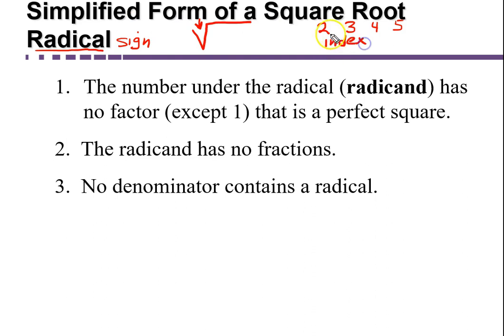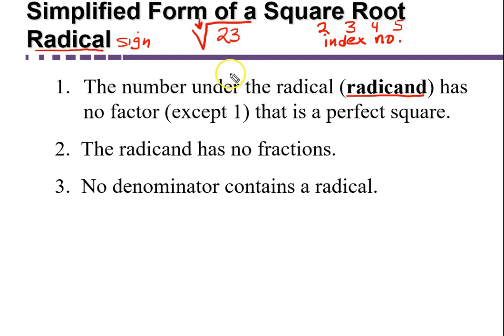Take some notes on this. These may be quiz questions. The index, just the word index or index number. If there's no number there, it's a 2. And what goes under the radical sign, like you might see a 2 there, or 23, or whatever, is called the radicand. So, again, some background and vocabulary building.